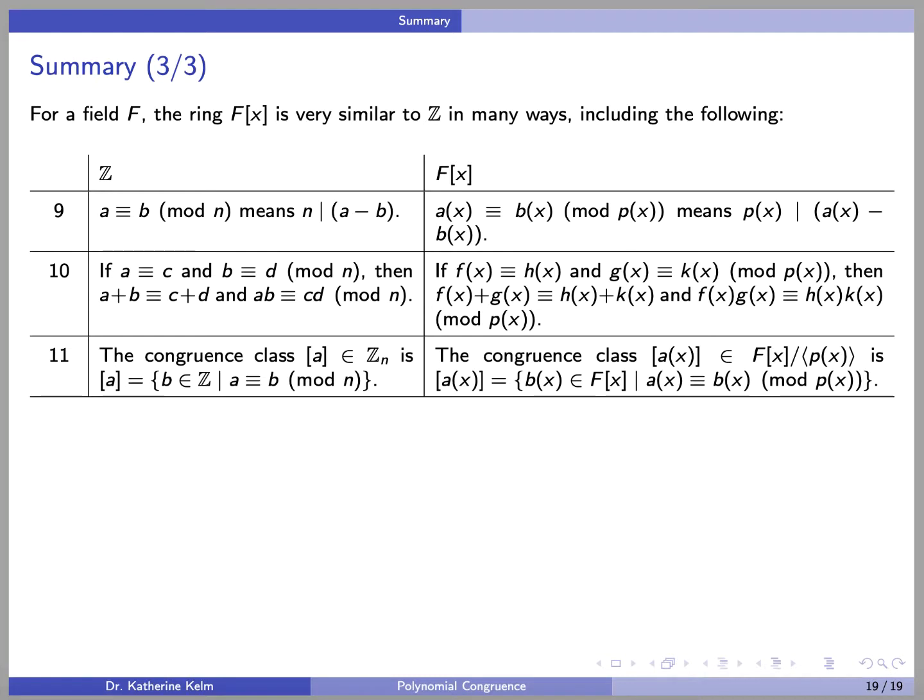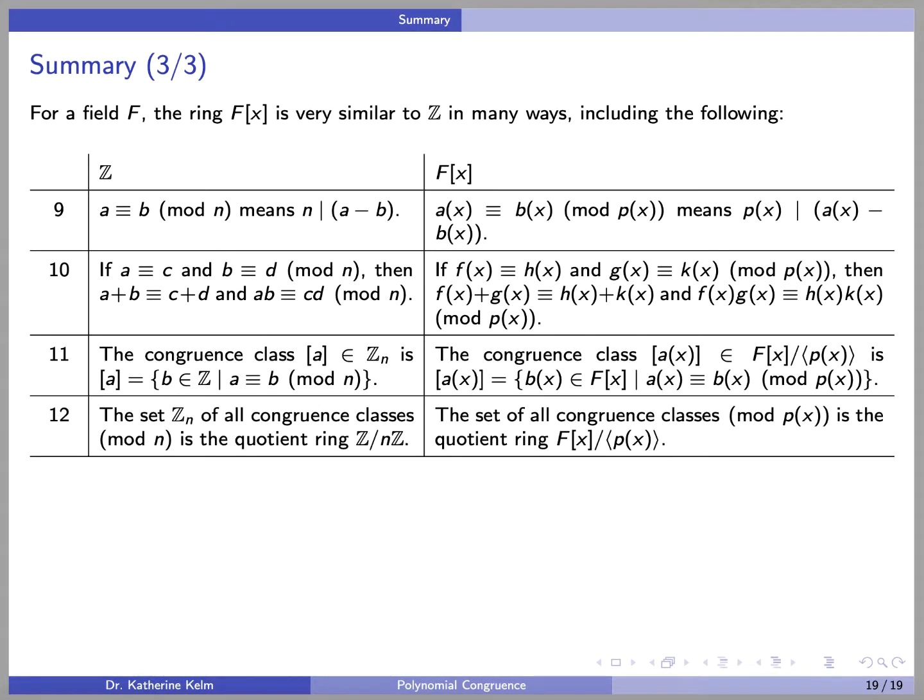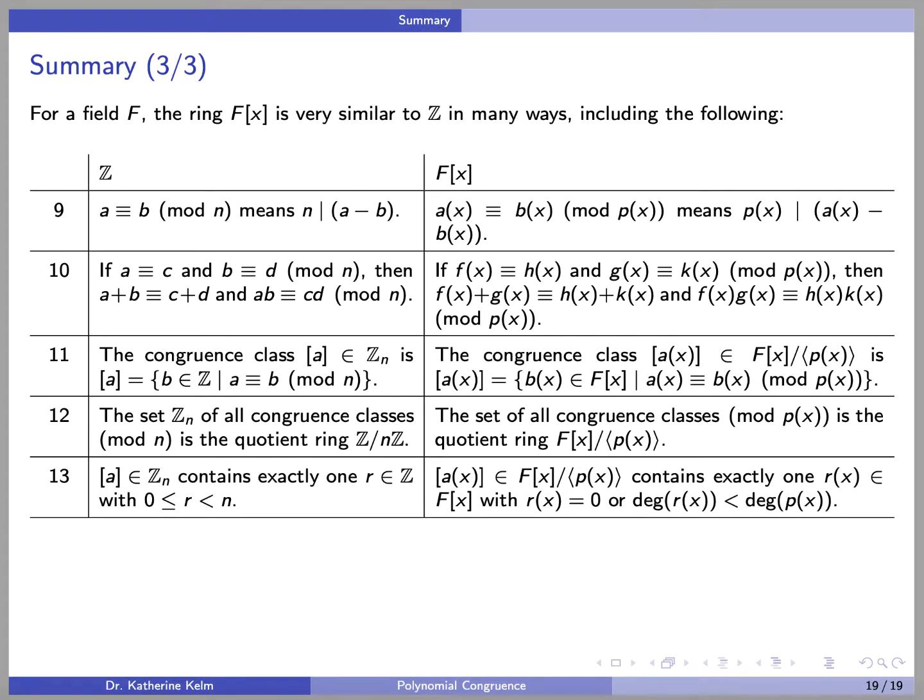Congruence modulo a polynomial is an equivalence relation, so we can form congruence classes. The set of all congruence classes, mod p of x, is the quotient ring of polynomials with coefficients in F modulo the ideal generated by p of x. Each class contains exactly one principal representative.